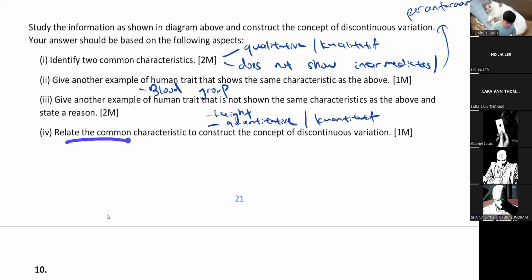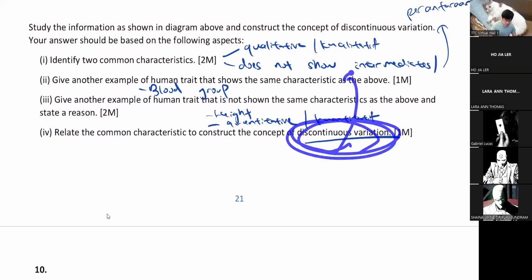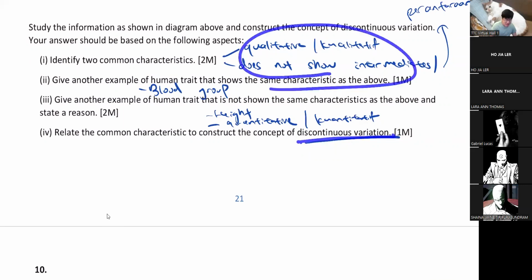Relate the common characteristic to construct the concept of discontinuous variation. What does it mean? That means they want you to write the meaning of discontinuous variation based on these 2 concepts. What they are asking you to do is to build a sentence using this and this.